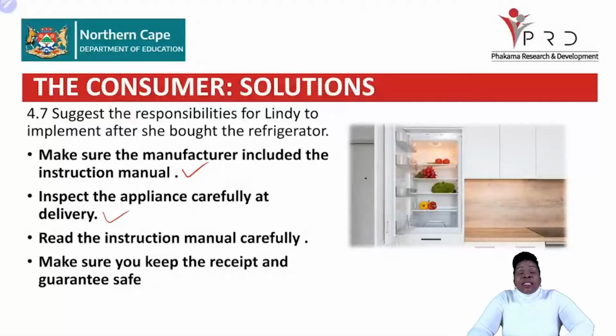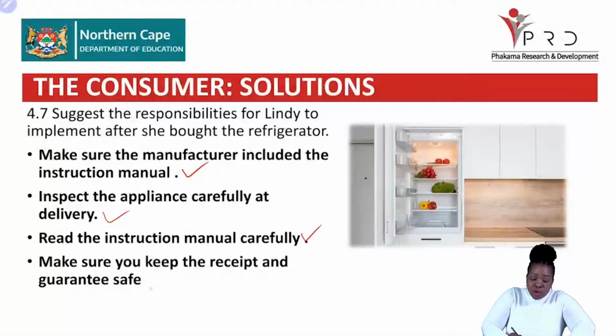So always inspect your appliances carefully at delivery, right? And then the next point says, read the instruction manual carefully so that you don't make any mistakes in terms of using the appliance, and then the guarantee will not work on it, right?